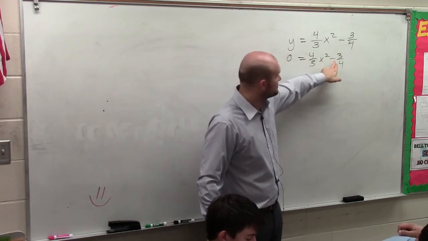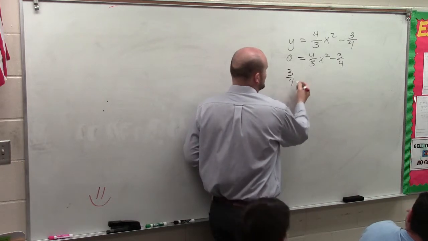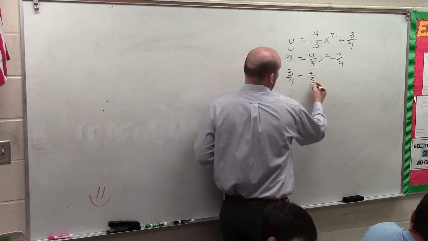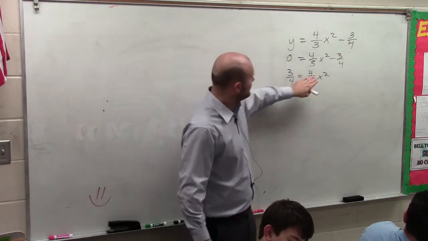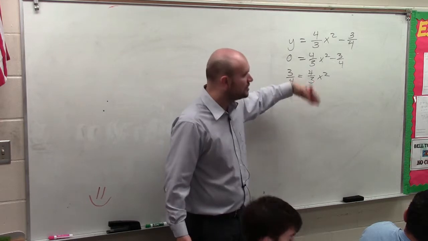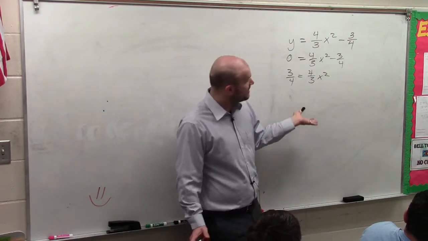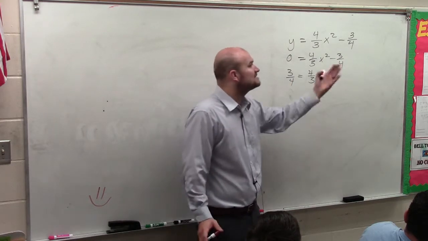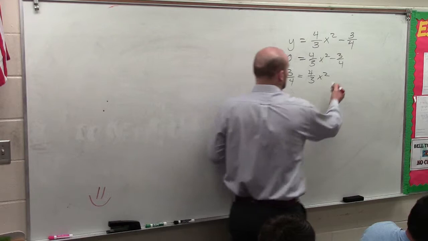So we see my x squared is being subtracted by 3/4. So now I need to add 3/4. So it's a positive 3/4 equals 4/3 x squared, right? Now we look at my x squared and say my x squared is being multiplied by 4/3. So to undo multiplying by 4/3, we'd have to divide by 4/3, which is the same thing as multiplying by the reciprocal.